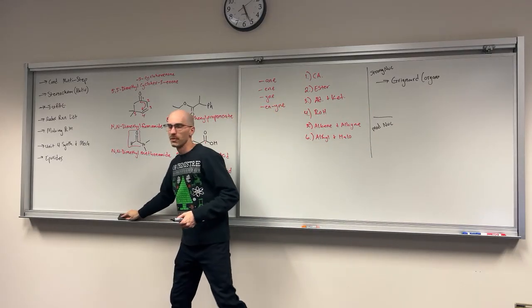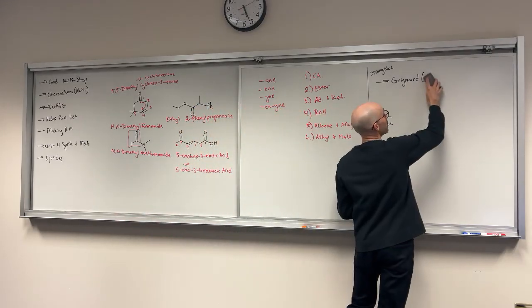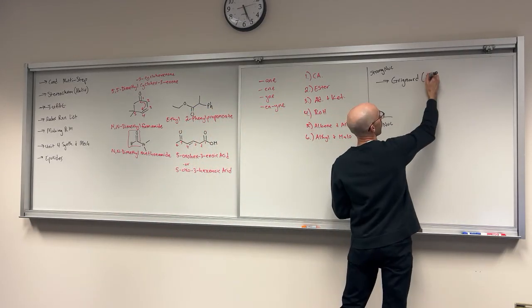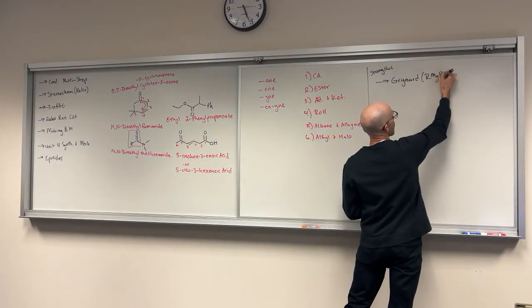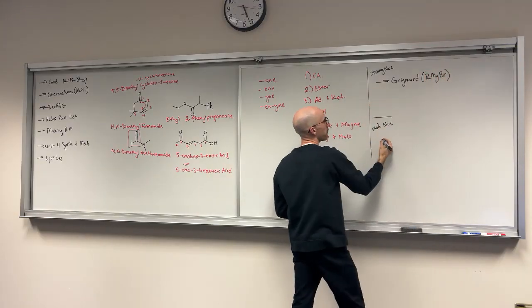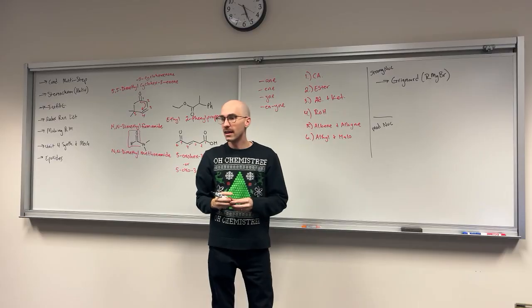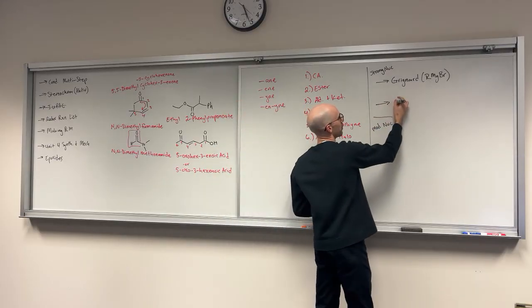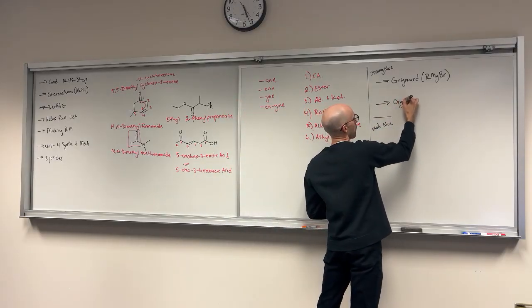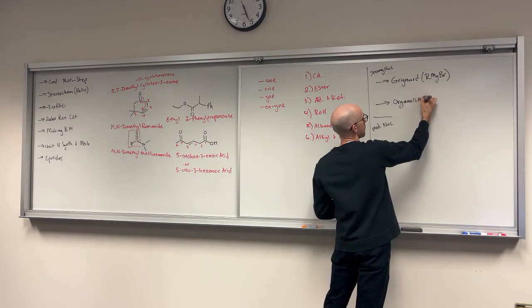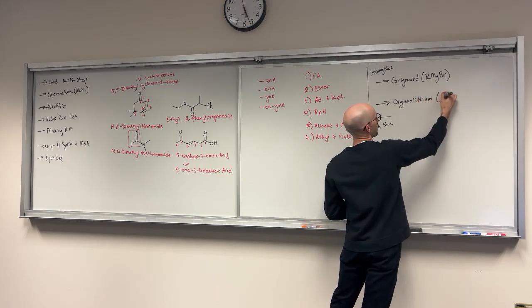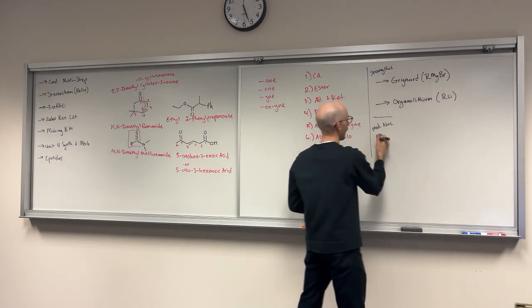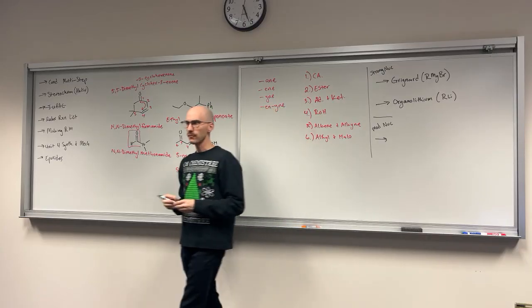Better called organomagnesium halide. I'm not even going to write it out. Organolithiums. Butyllithium is a good example of it. It's definitely not always butyllithium. And our last one, cuprates.